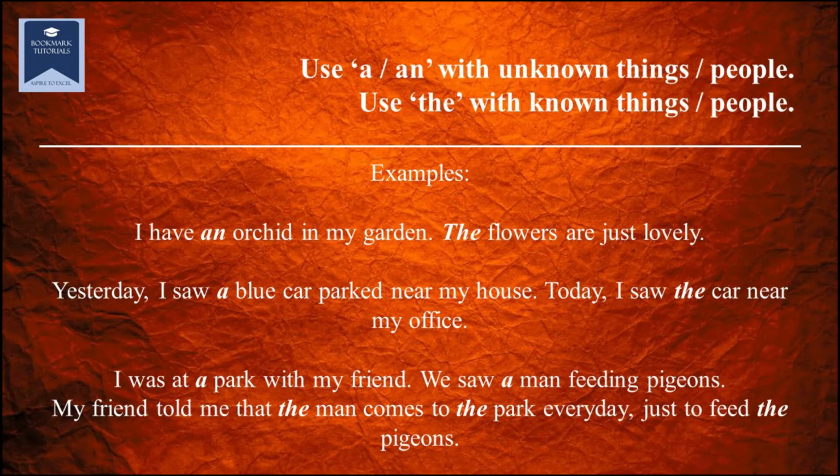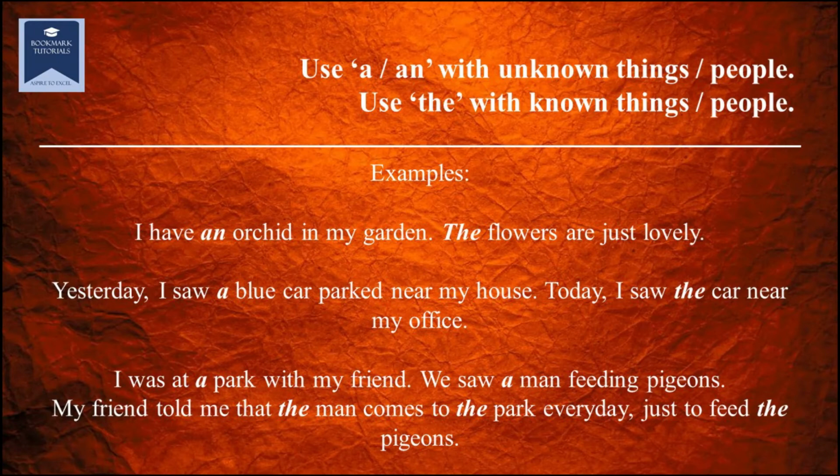Because in the first sentence you are just mentioning that you have an orchid plant in your garden. Since you already introduced the plant, in the second sentence article the is used because the listener already knows which flowers you're talking about.